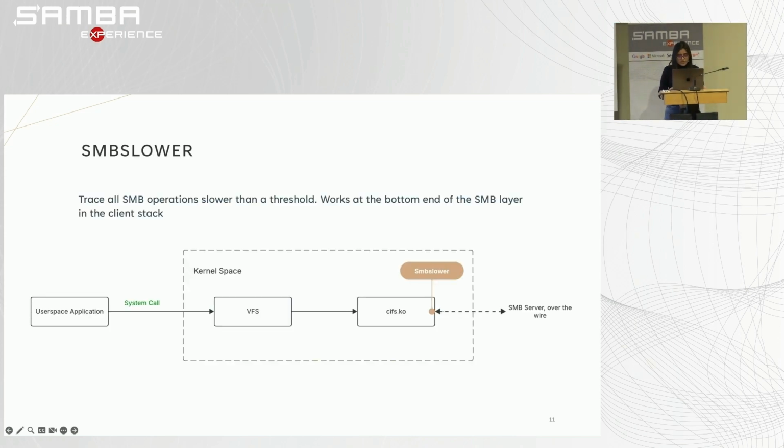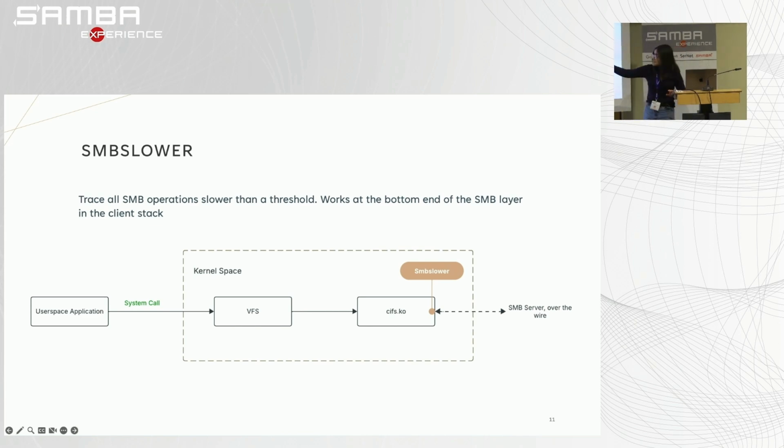Now, smbslower traces all SMB operations that are slower than a particular threshold. This threshold is configurable; you can provide it while you're running the script. And this depends on how you look at it, but if you see that VFS sits at the top, then smbslower works towards the bottom end of the SMB layer in the client stack, towards the network side.